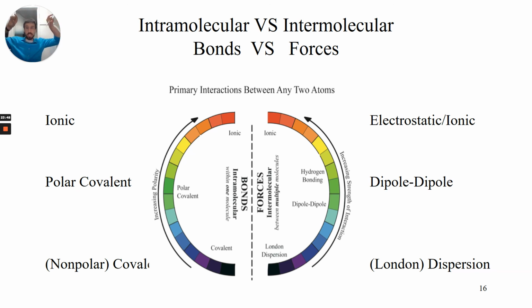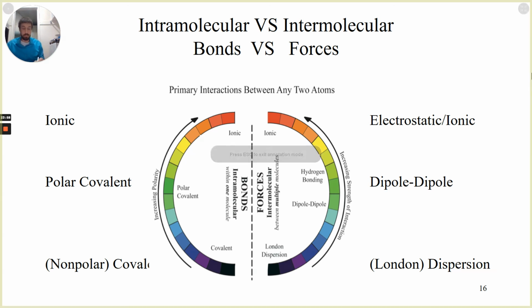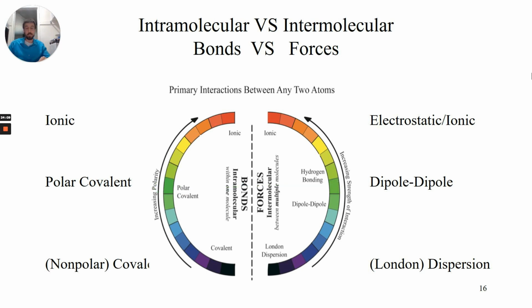Well, then what I did is just take that bar and turn it into a circle, and now we can see the relationship between our bonds and our forces. A polar covalent bond, say in this green color, is going to match a dipole force in that green color. Okay? So at this point, are there any questions?